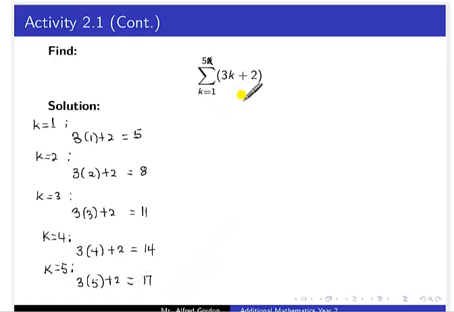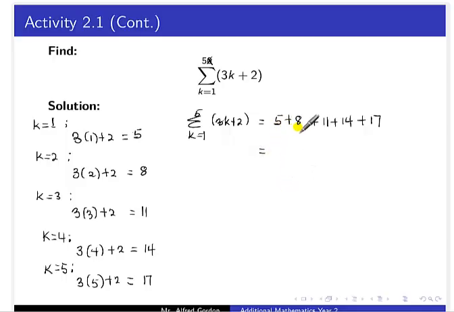So all we have to do here is that the summation k equals 1 to 5 of 3k plus 2 will give us 5 plus 8 plus 11 plus 14 plus 17. So let's do a quick addition here.